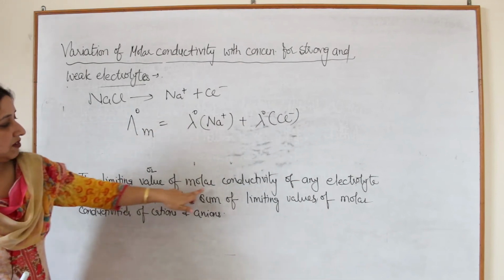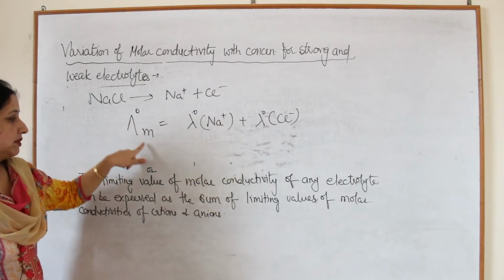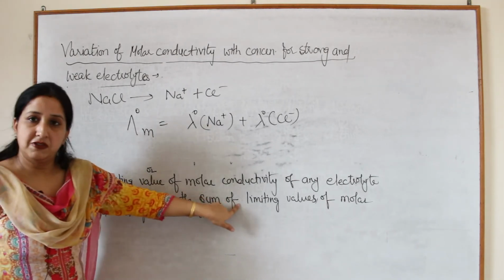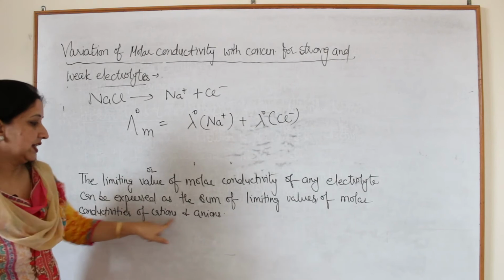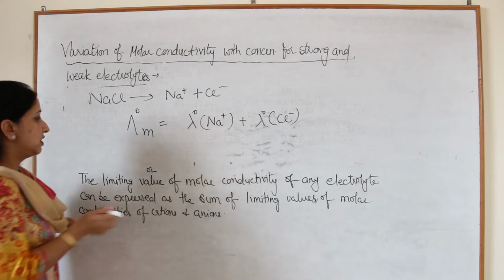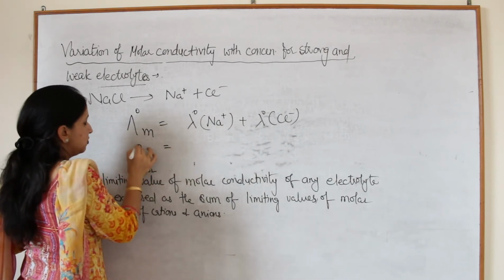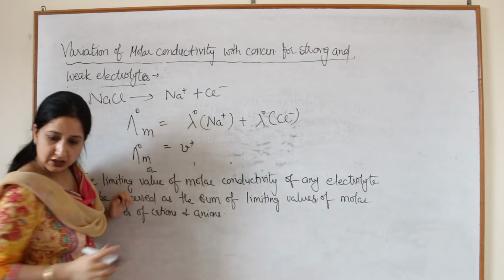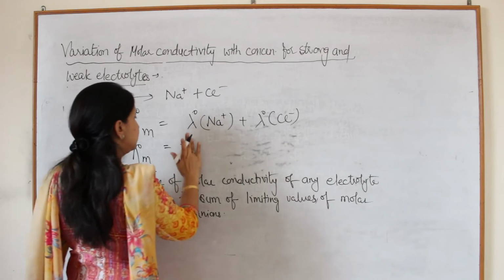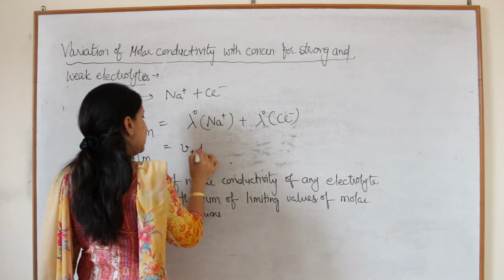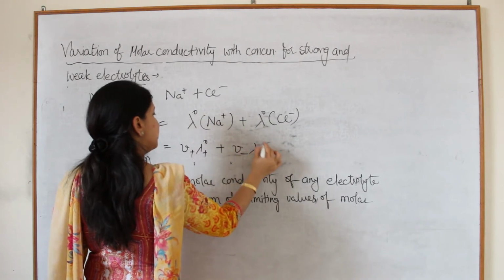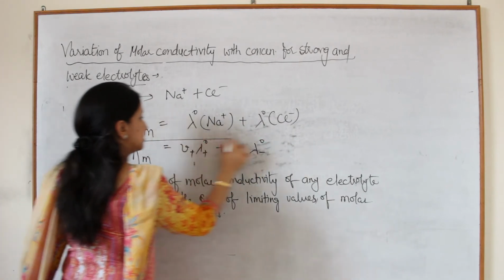So the limiting value of molar conductivity, lambda naught m, can be written as sum of limiting values of cations and anions. One more thing we can write, it is written as v positive lambda positive naught plus v negative lambda negative naught.